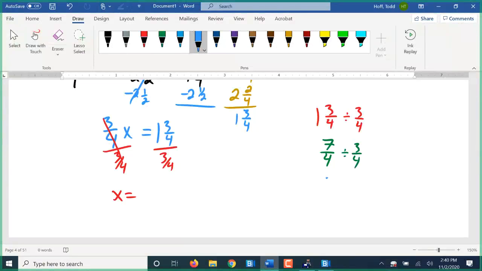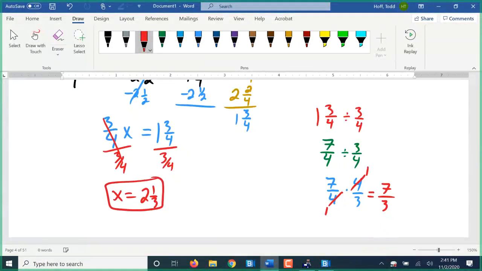And then to divide, I'm going to change it to multiplying by the reciprocal, so it'll be times 4/3. So the 4's cross cancel out. Both divide by 4 to give us 1 and 1. 7 times 1 is 7. 1 times 3 is 3. 7/3, or 2 1/3. So x equals 2 1/3.